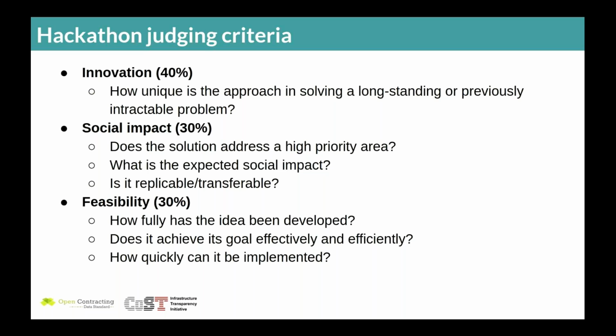And the one that I just wanted to emphasize a bit is under social impact. There's the question about whether what you're doing is replicable and transferable. So obviously publishing in a data standard helps with the transferability, but also think about, whilst you're building your projects, if there's any code or particular bits of software development you do that you think may be useful to other people, it would be great if you would like to share that, or even if it's sharing within your own organization.